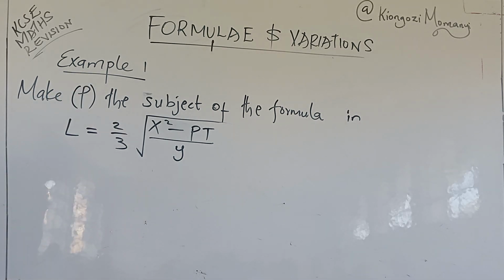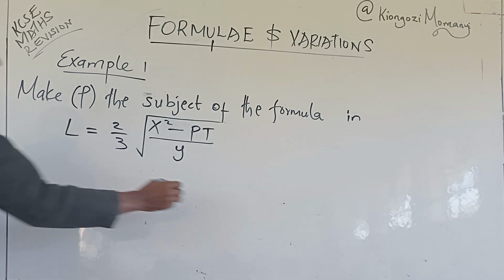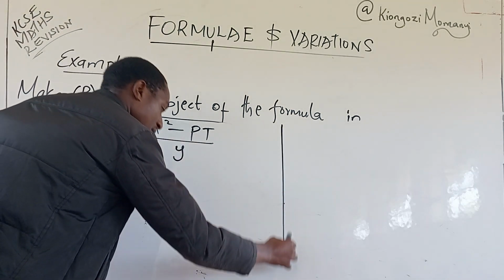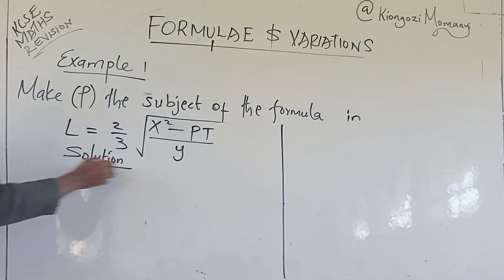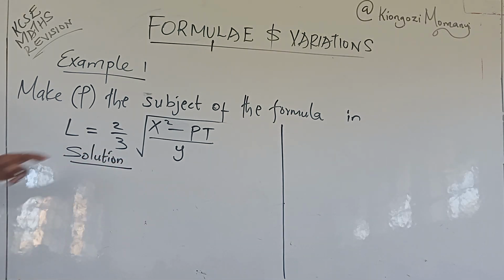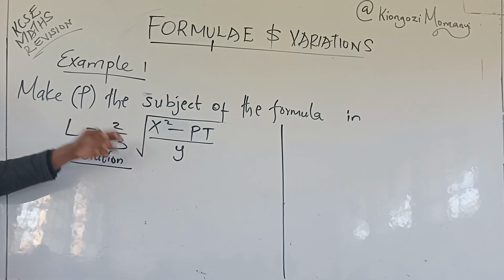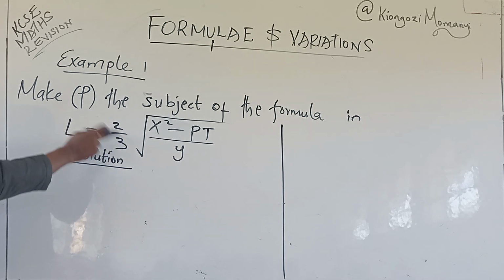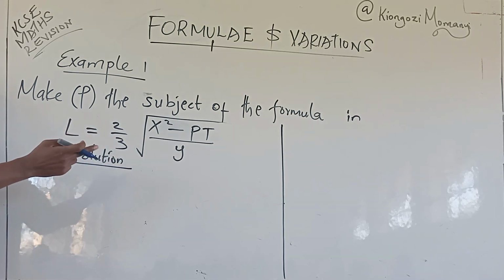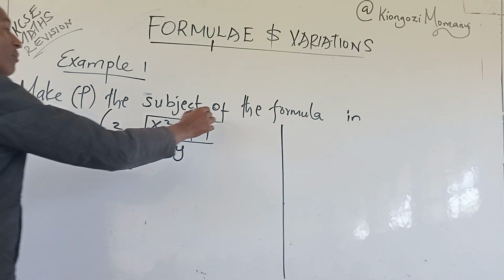Steps are very easy. Solution. The first thing is you deal with 2/3. We have two ways of going about it: you can start with removing 2/3 from this point, but again, we can start by squaring both sides.